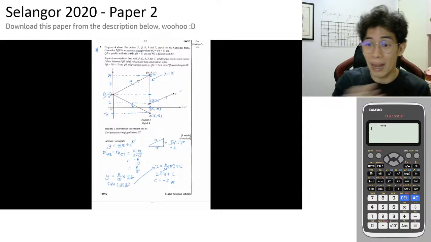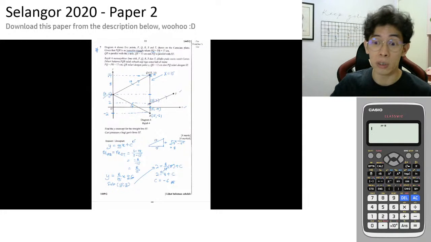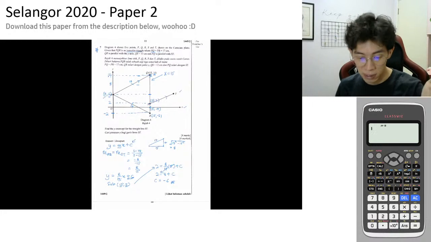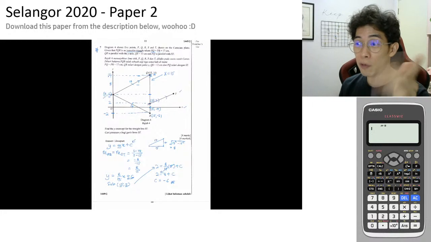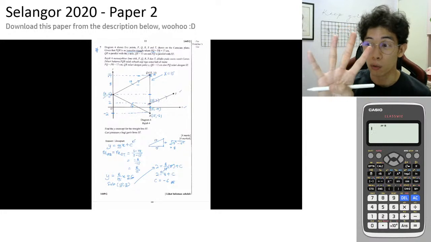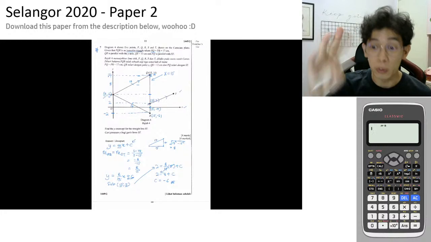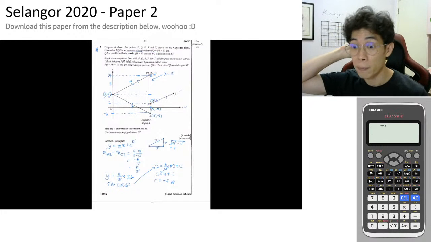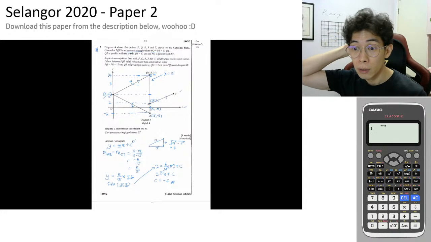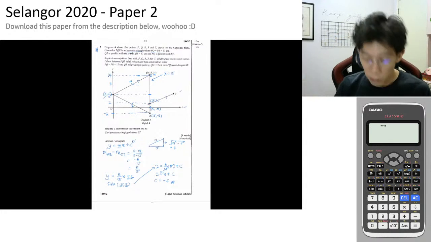So just do it as usual, like the rest of the questions. Don't expect the whole paper to be the same as question number 7. Imagine if you don't know how to do question number 7. Do you notice you miss out 4 marks only? You miss out 4 marks only, but the rest you still can do. Yes, Pei Yang, you're right.